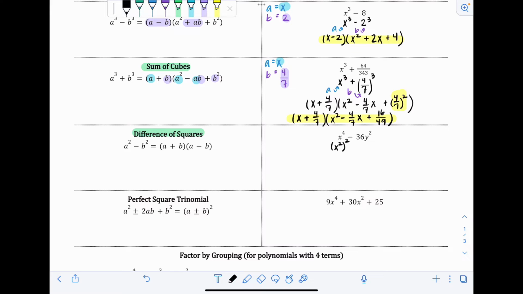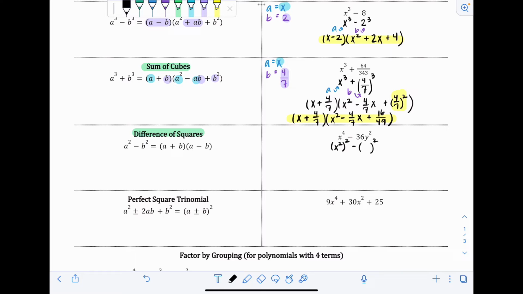And then the 36y squared is a little bit tricky. Technically, as it's written in the original problem, only the y is being squared because there's no parentheses. So if I wanted to rewrite this as what quantity was being squared, all in parentheses, I would have to think, what do I need to square to get to 36? I would have to square 6.